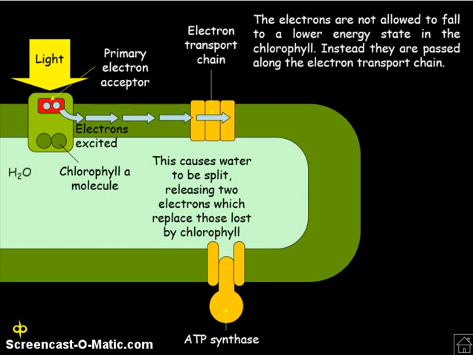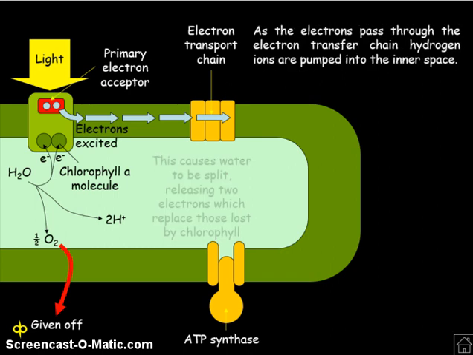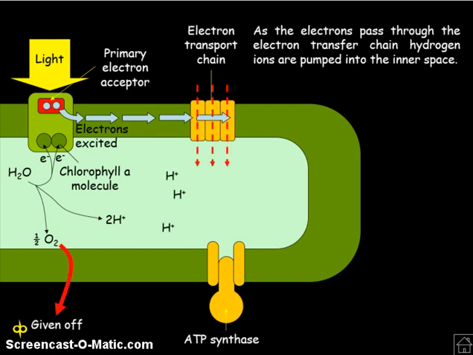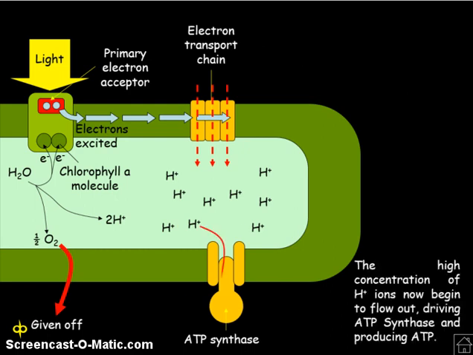This causes water to be split, releasing two electrons which replace those lost by chlorophyll. Oxygen is given off. As the electrons pass through the electron transfer chain, hydrogen ions are pumped into the inner space. The high concentration of hydrogen ions now begin to flow out, driving ATP synthase and producing ATP.